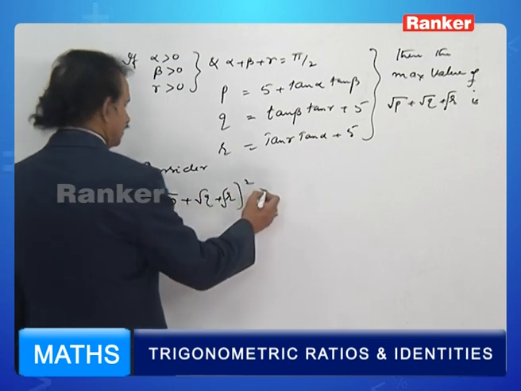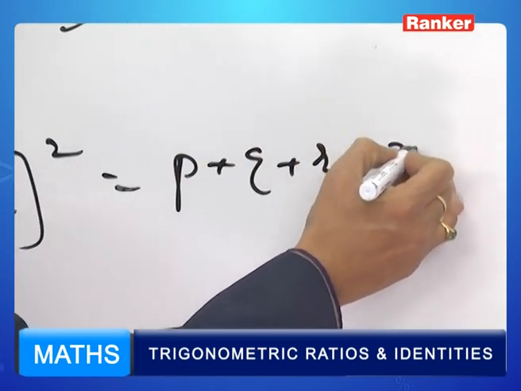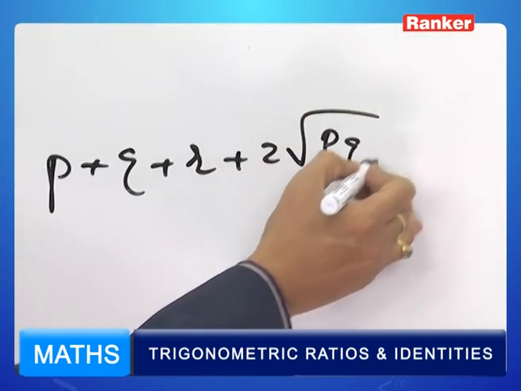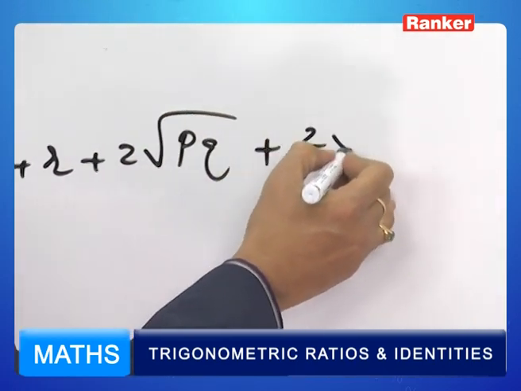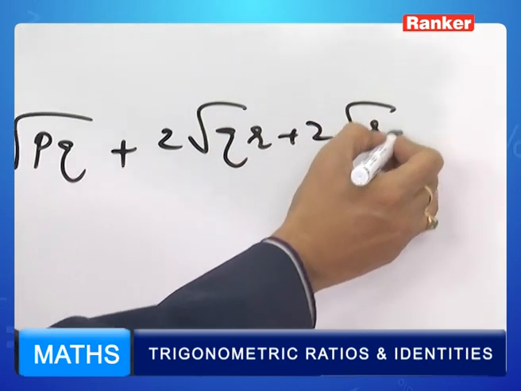What is a plus b plus c whole square? a square plus b square plus c square plus 2ab plus 2bc plus 2ca, that is, P plus Q plus R plus 2 root PQ plus 2 root QR plus 2 root RP.